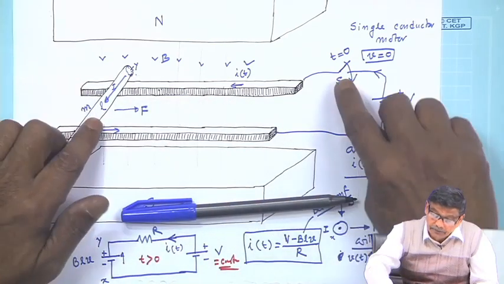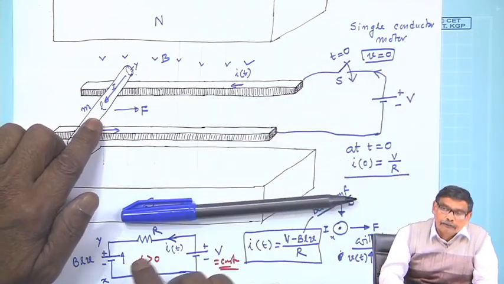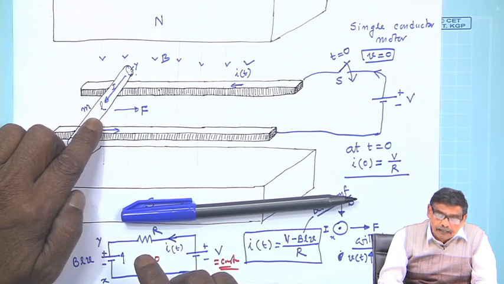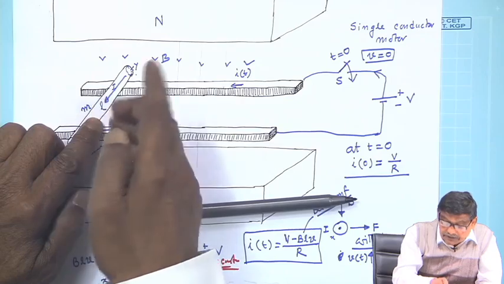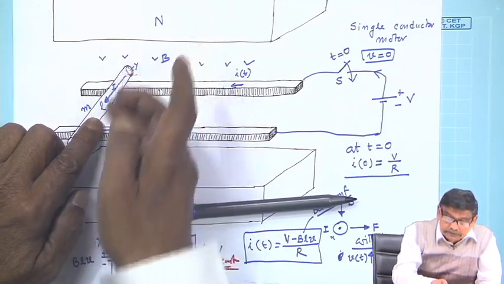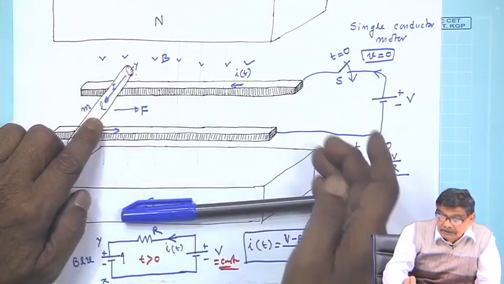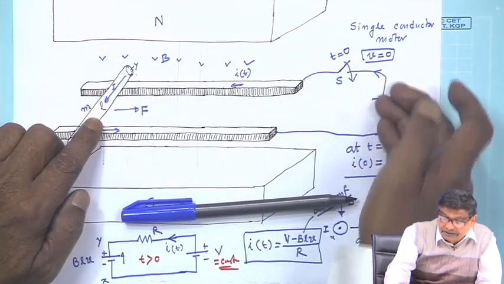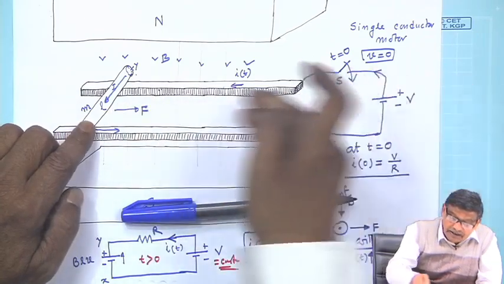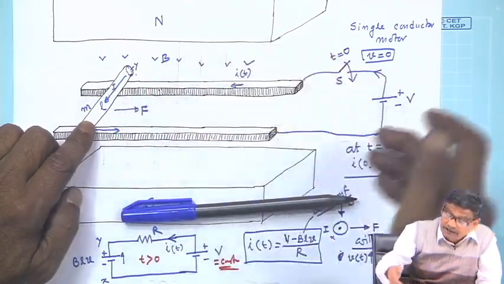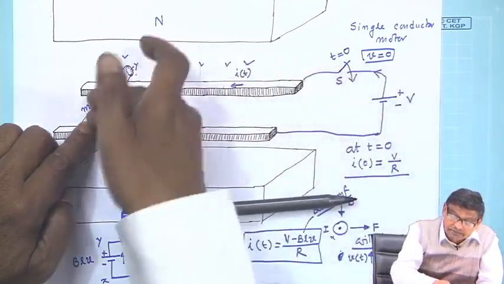Now, the moment you increase this voltage to twice its value, velocity cannot change instantaneously. So its back voltage was earlier capital V. Therefore, suddenly there will be a current now, at t equal to 0 plus, current will be (2V minus V) by R.